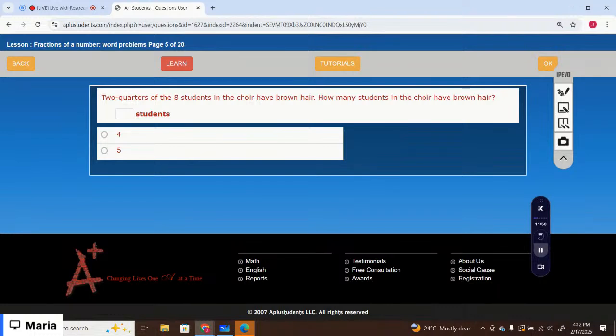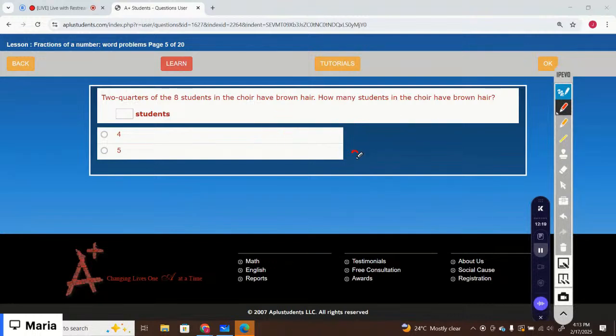Two quarters of the eight students in the choir have brown hair. How many students in the choir have brown hair? Which is the correct option? Two quarters. That is 2 by 4 times 8. So which is the correct option?